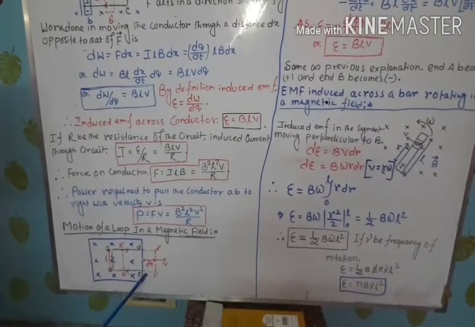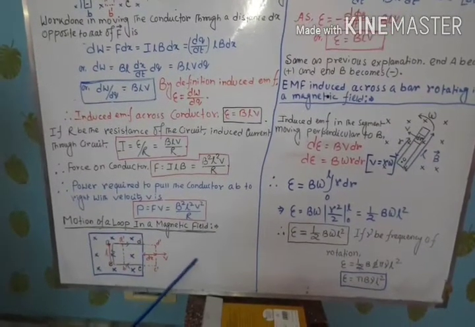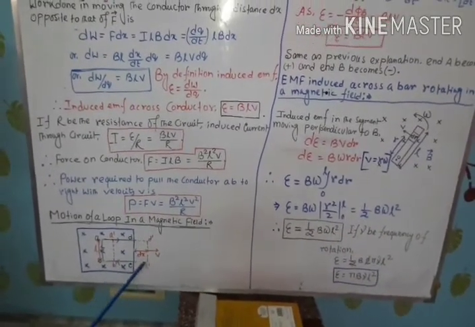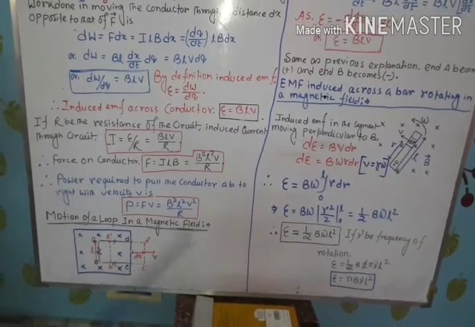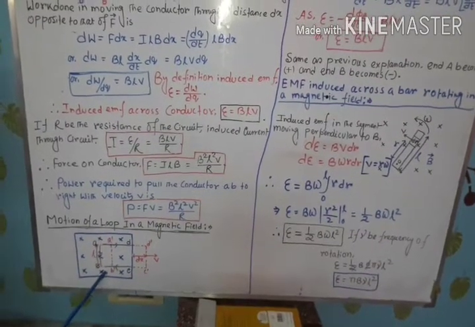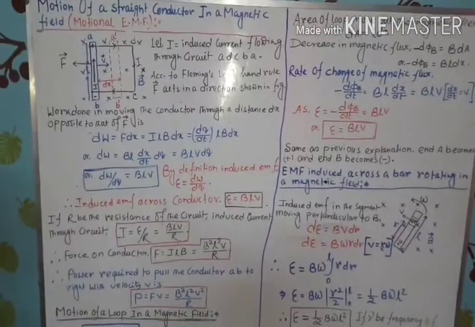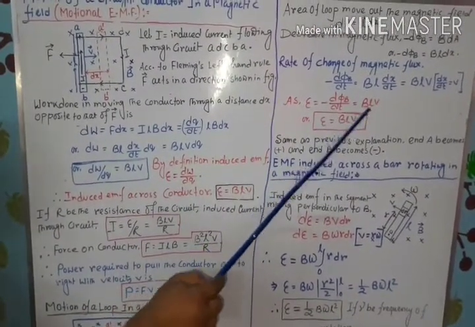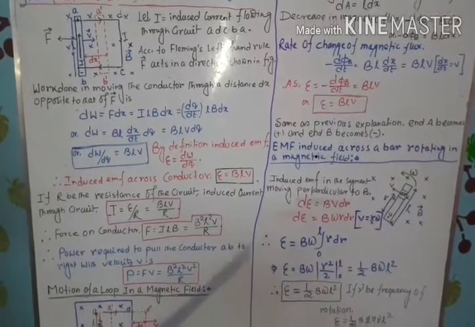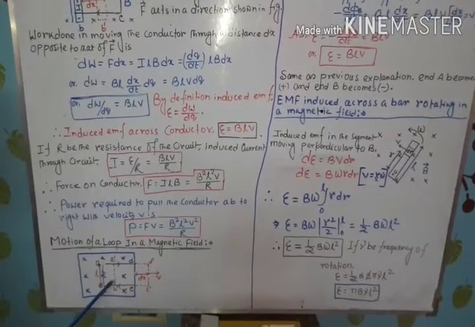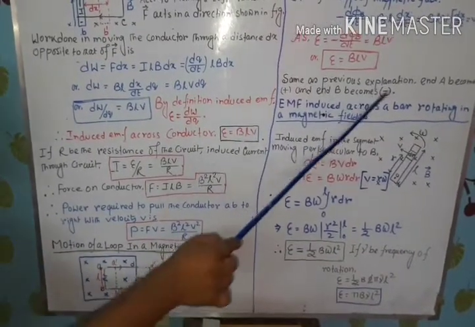The conductor DC moves out of the magnetic field, so the induced EMF for DC is also 0. So the induced EMF in the loop exists only for the conductor AB, which behaves as a single straight current carrying conductor. That's why the induced EMF here is also E equal to BLV. And the directions, according to the previous case, this end becomes positive and this end becomes negative.